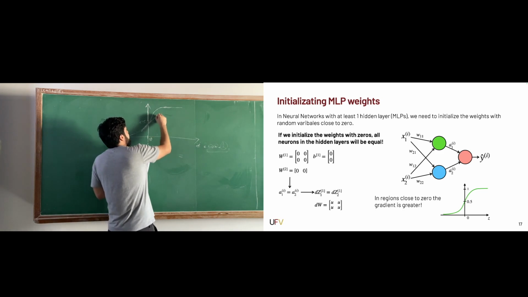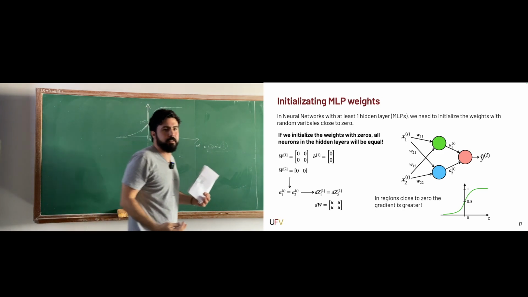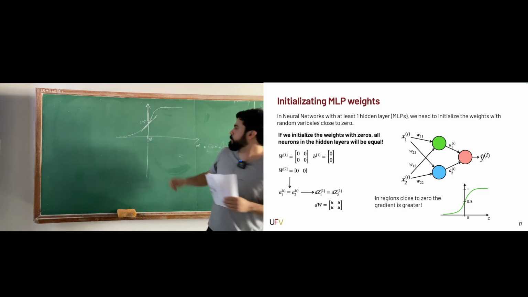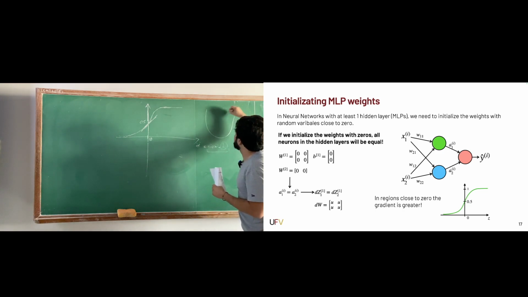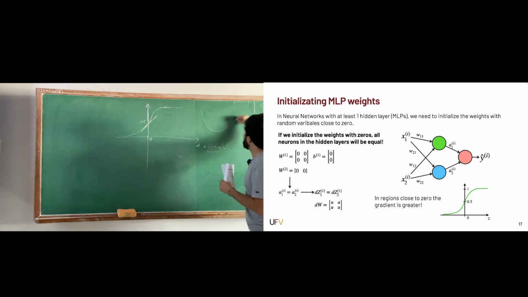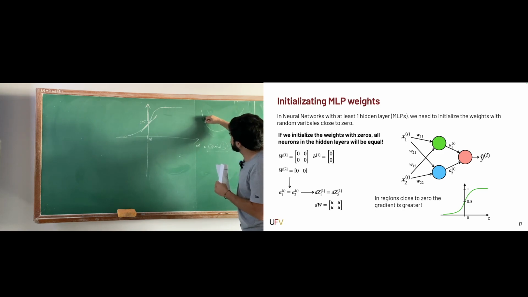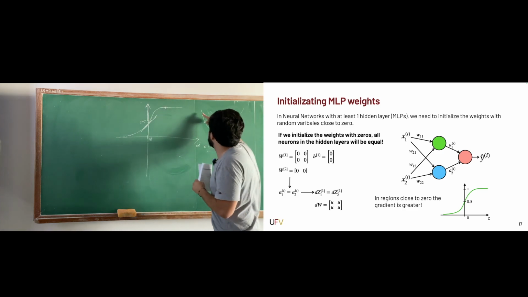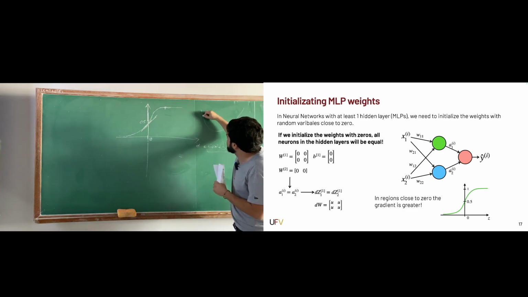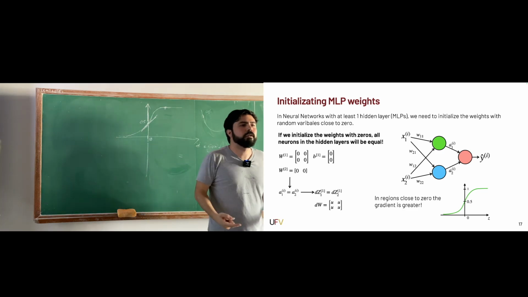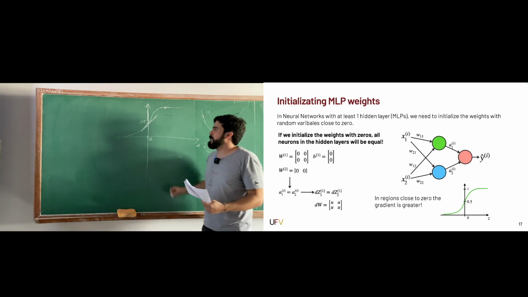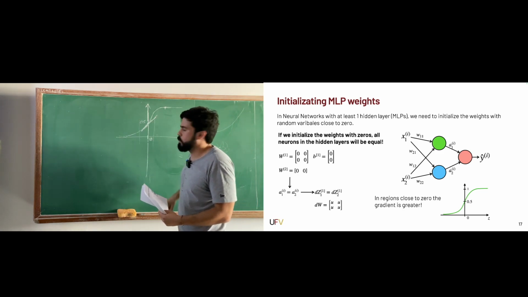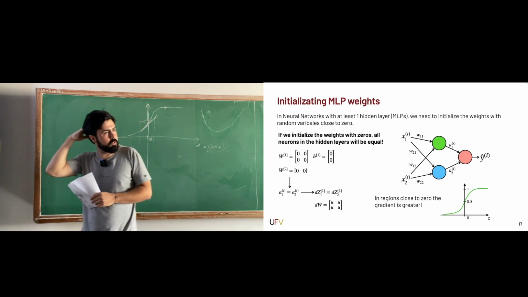So by having this very steep gradient, I'm going to learn faster, because when I take a step in gradient descent, this step is going to be bigger. Okay? If I started my weights here, this step would be very small. Okay? So that's, in practice, how we initialize neural networks.